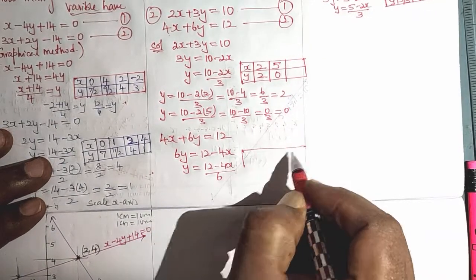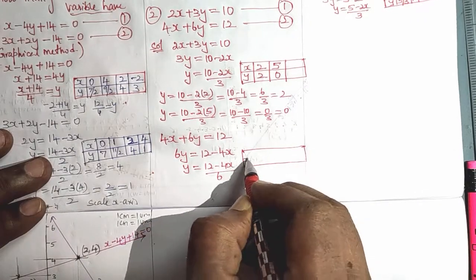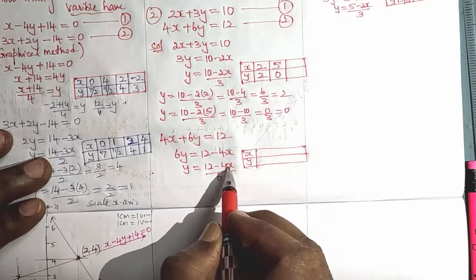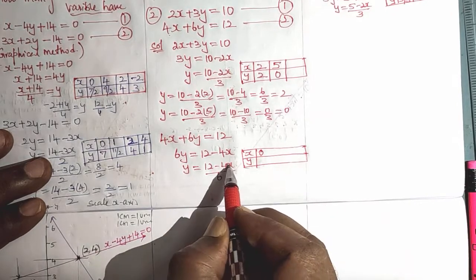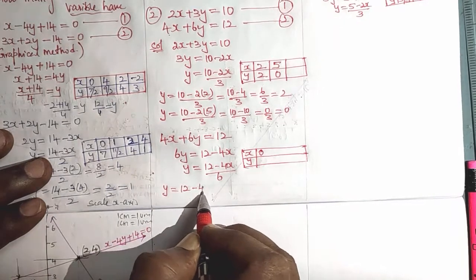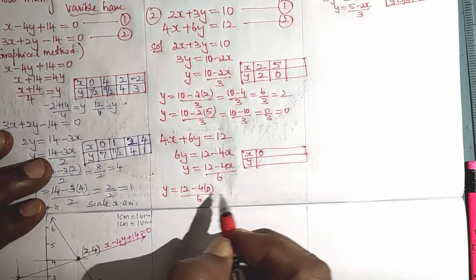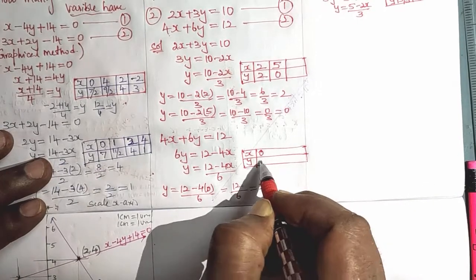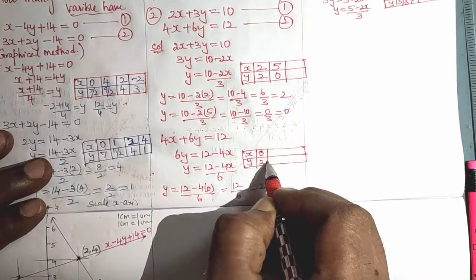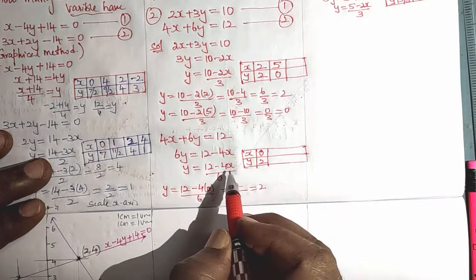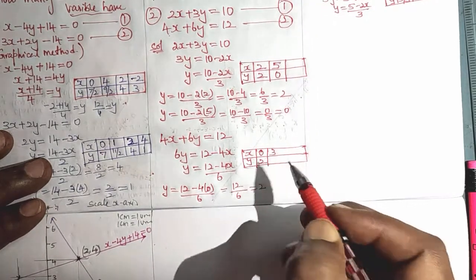Now I will assign certain values for x to find the values of y. If I substitute x is equal to 0, y is equal to (12 minus 4 into 0) by 6. 4 zeros are 0, 12 by 6 is 2. So I got the point 0, 2.